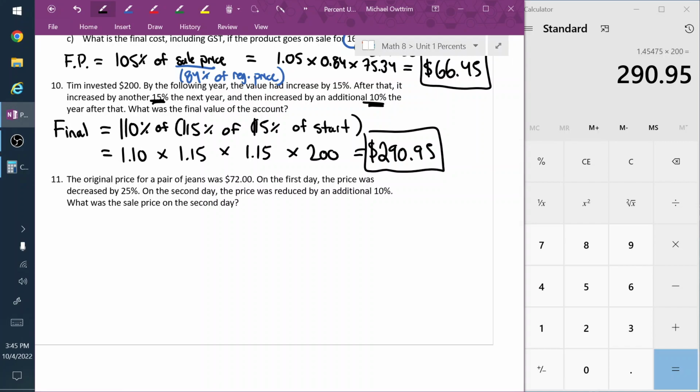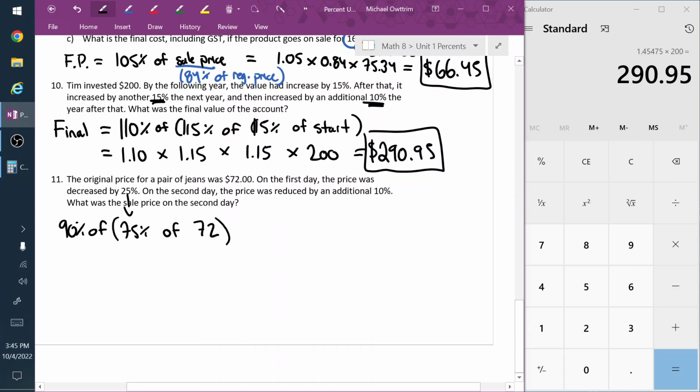Lastly, the original price of jeans was $72. On the first day, the price was decreased by 25%. We decrease by 25%, it means we have 75% left. On the second day, we decreased by an additional 10%, which means the second day we're going to have 90% of the price left.